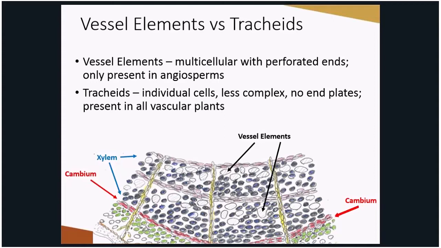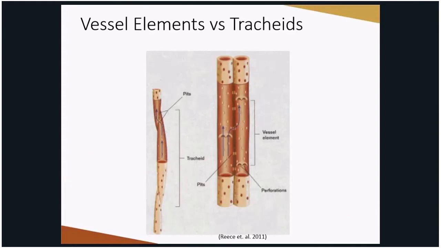And I believe on the next slide here, we have a picture of the two of those. At the left, you can see a tracheid, which has what we refer to as pits that allow the water to conduct through them, in more of a network or a system. Whereas if you look at the vessel element on the right, I view those more like pipes or tubes.